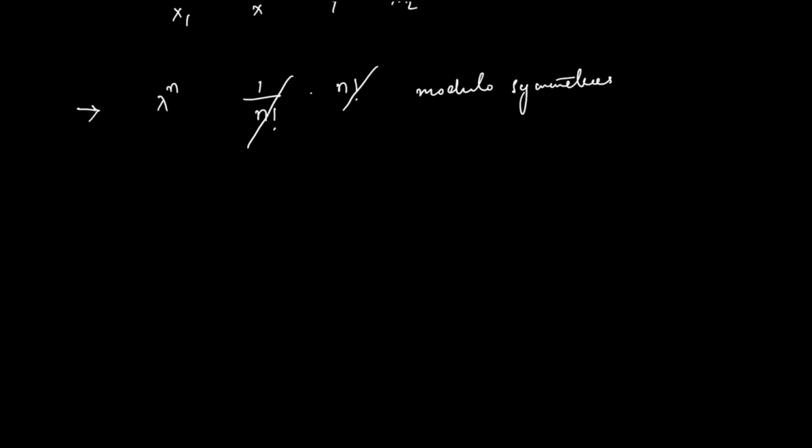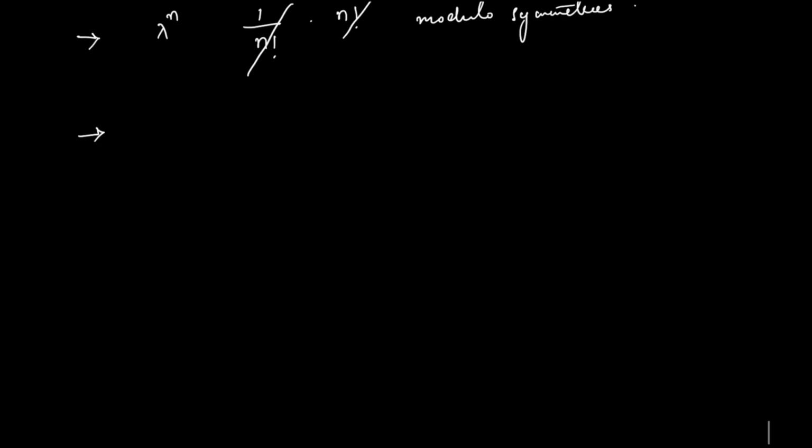For each vertex, minus i lambda by 4 factorial phi to the power 4. Okay, if each phi in this phi raised to 4 contracts differently, then permutation of the 4 phi's will be 4 factorial.